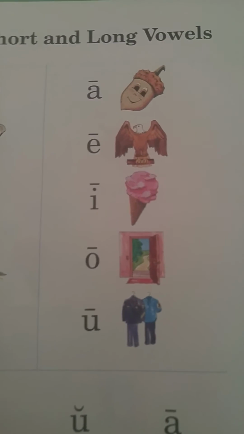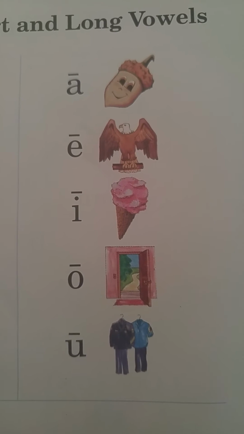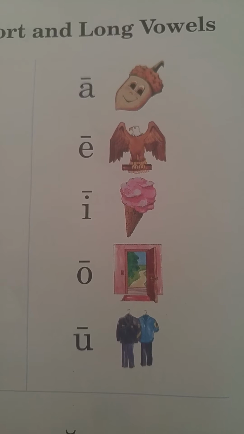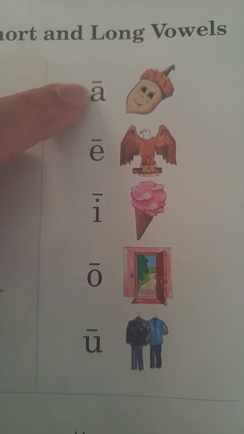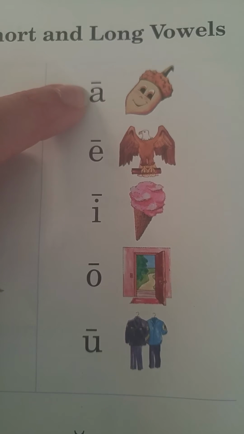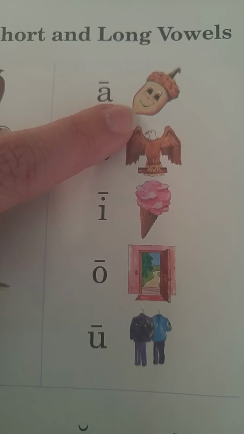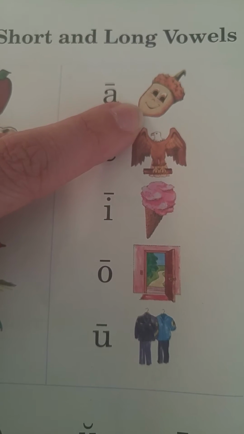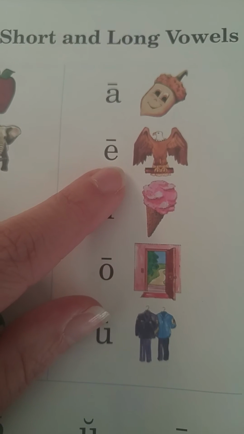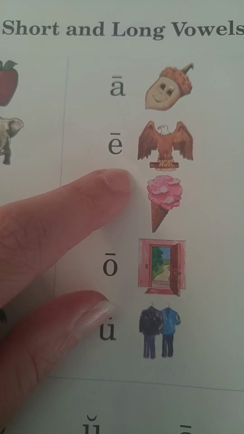So now we're going to go over the long vowels. If there are two vowels in a word, the first one is long and the second one is silent. So if you see two vowels, the first A in a word is going to say the long A sound, A as in acorn. Acorn starts with an A. The long E says E as in eagle.